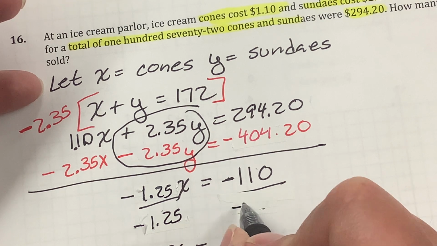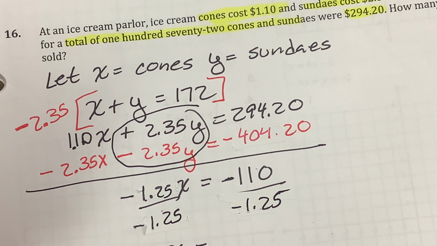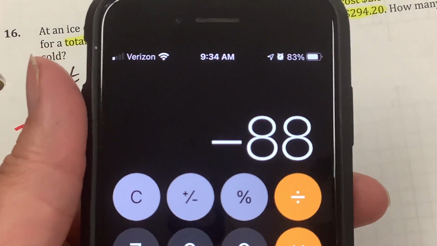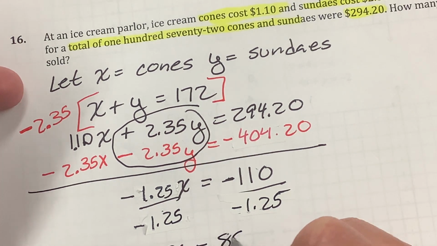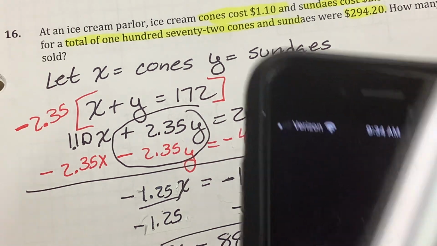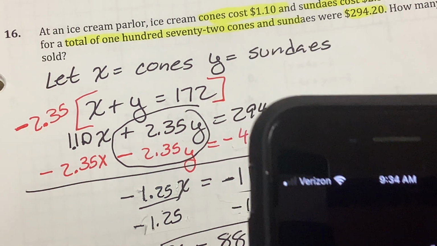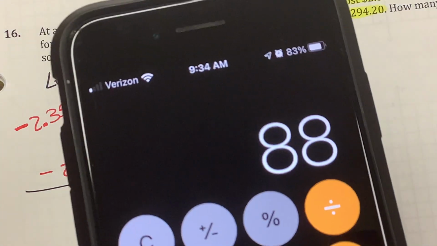Negative 110 divided by negative 1.25. Let's see what we get. Oh, it is positive 88. I'm going to do that again just to make sure. Here we go. 110 negative divided by 1.25 negative is positive 88.